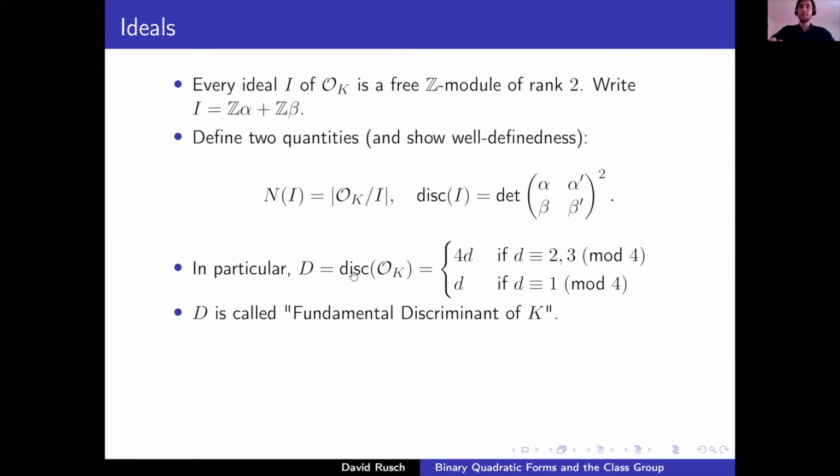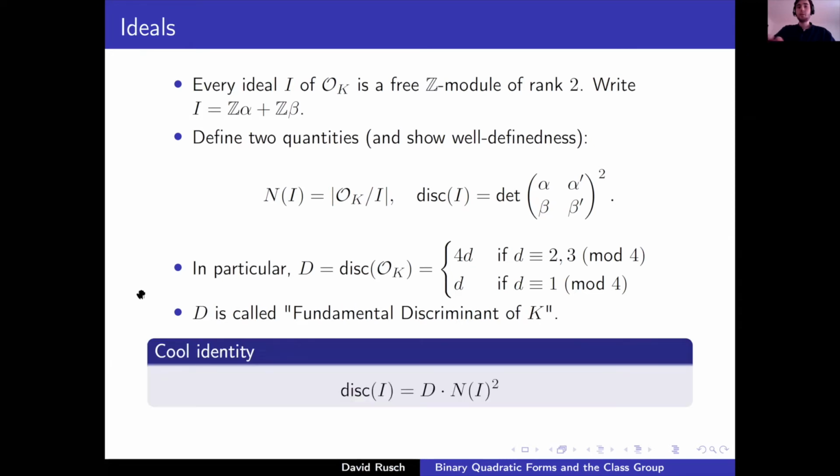It's not that hard because we also explicitly computed OK on the last slide. This is the fundamental discriminant of K, and it plays a central role in algebraic number theory. It contains information about what happens to primes in Z when we view them in OK.